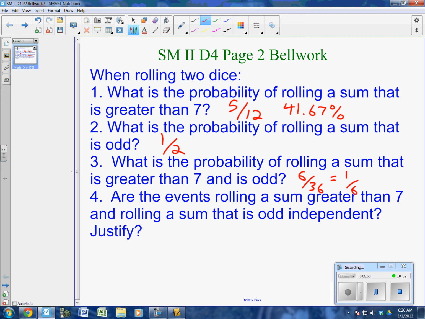So it has to be both, right? Oh, I guess it doesn't say that in that problem. Well, are you just rolling it once? Yeah, you're just going to roll it once, like you're trying to get greater than 7 and odd.